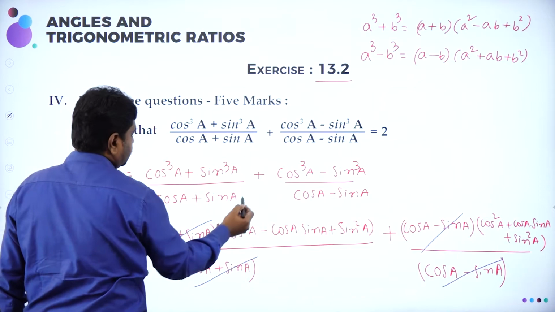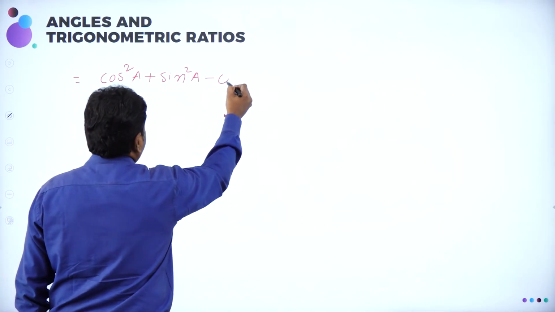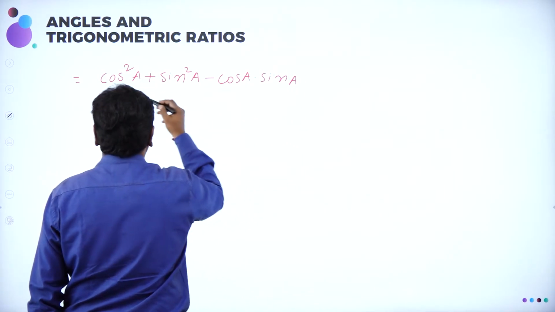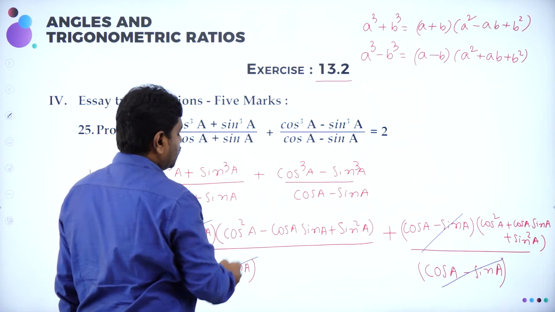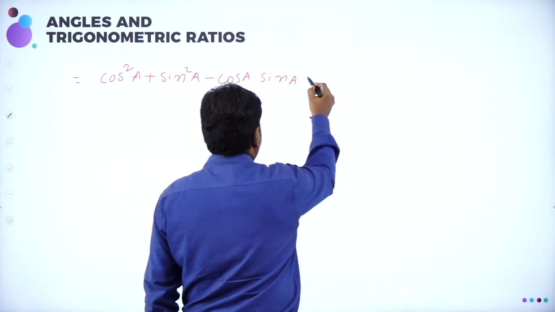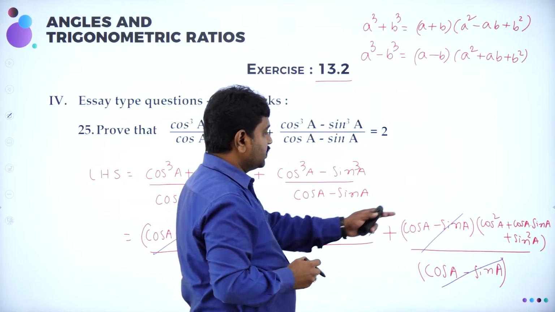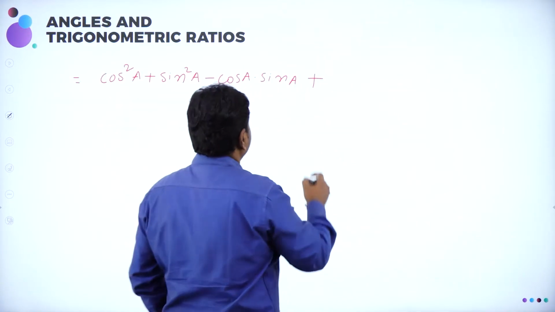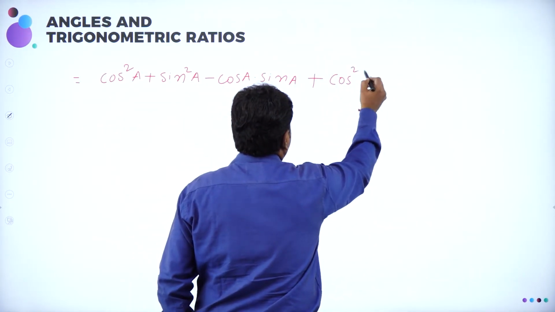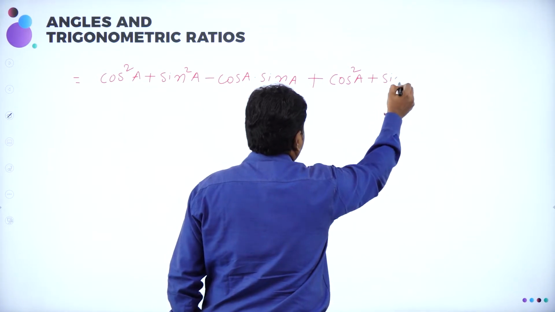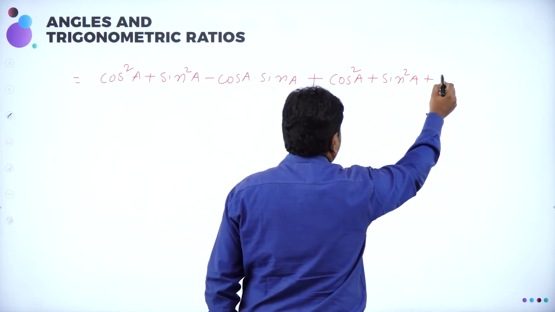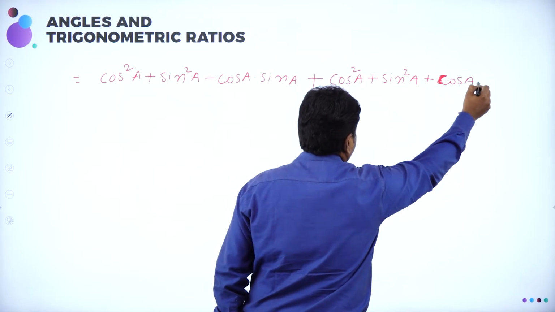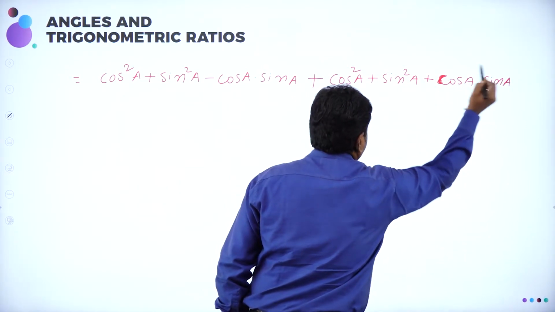Then the other term is what? Minus cos a sin a. This is the term that is left out, and in between we have plus, so write plus, and remaining terms cos square a plus cos a sin a plus sin square a, group it. So first I'll write cos square a, then I'll write sin square a plus sin a cos a.